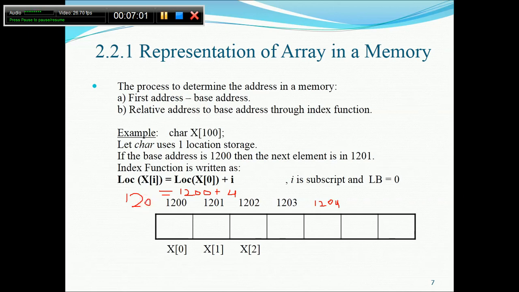Now this algorithm works very fine, whatever the index function, but only given that it is a character array. Suppose it is not a character array. Whatever the data we have, taking 2 bytes of information at a time, it should be 1202, then 1204, then 1206, 1208, 1210.